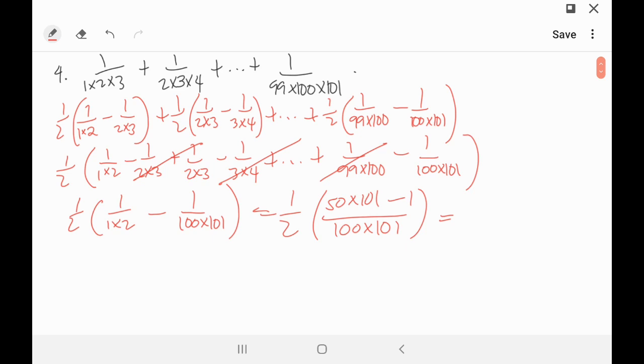So we will now be left with a numerator of 5050 minus 1, which is 5049, over the denominator 10100. Then that fraction is multiplied by 1 half.